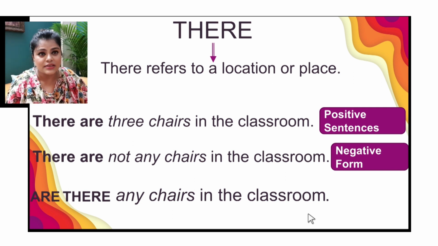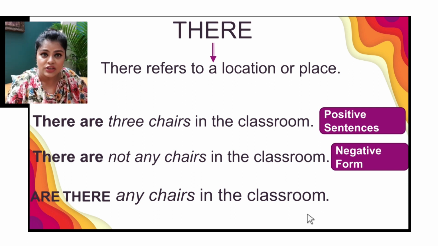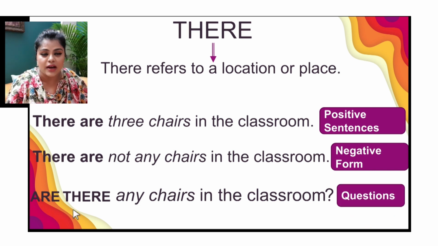Now, in the question, in the end, we use a question mark. So, we will remove the full stop and we will put a question mark. Now, this is a question. Are there any chairs in the classroom? Question mark. That means it is a question.